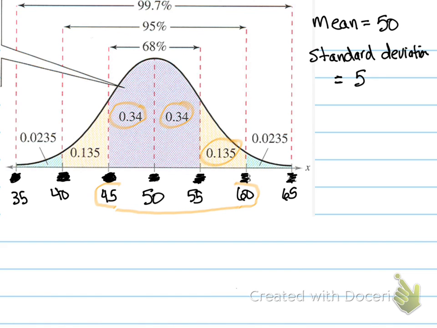If it asks for percent, remember that I'm going to be adding 34% and 34% and 13.5%. I'd add all of those together, and that's what you would get. So just make sure you're paying attention to which sections it asks you to add up.